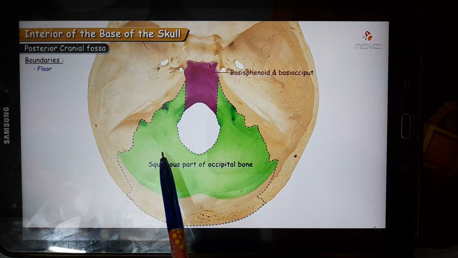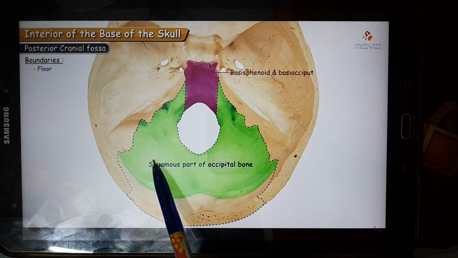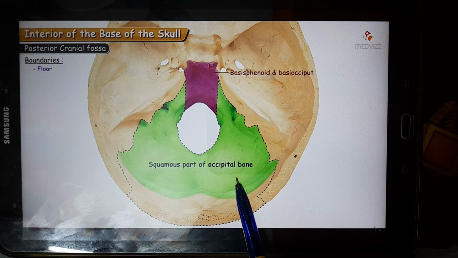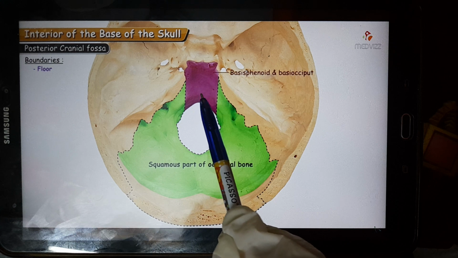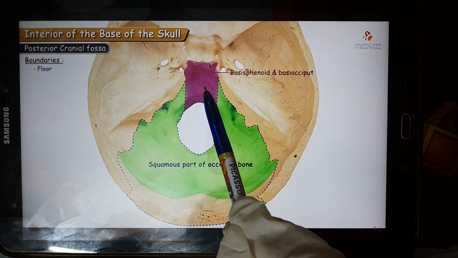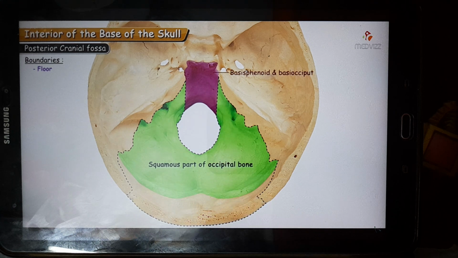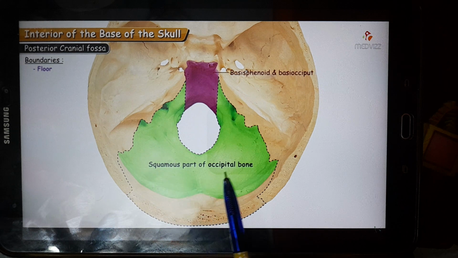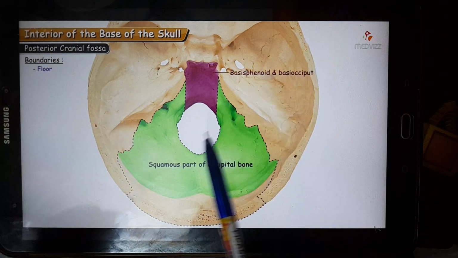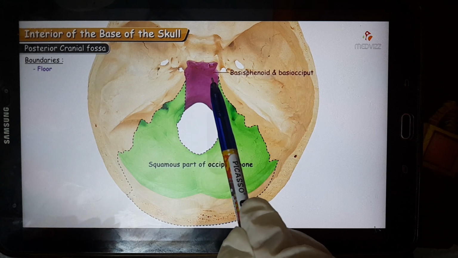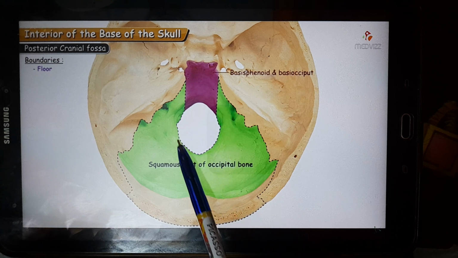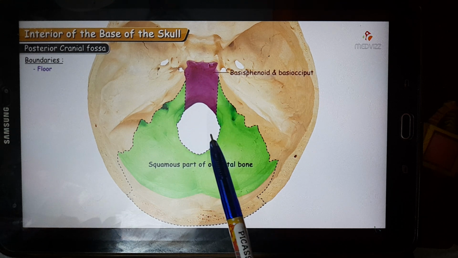In the floor region, first of all, in the median plane we have the squamous part of the occipital bone posteriorly. Anteriorly we have this basioccipital or basisphenoid. So posteriorly the squamous part of occipital bone in the midline, and anteriorly in the midline we have the basisphenoid or basioccipital. Also you should know that this foramen is known as the foramen magnum.